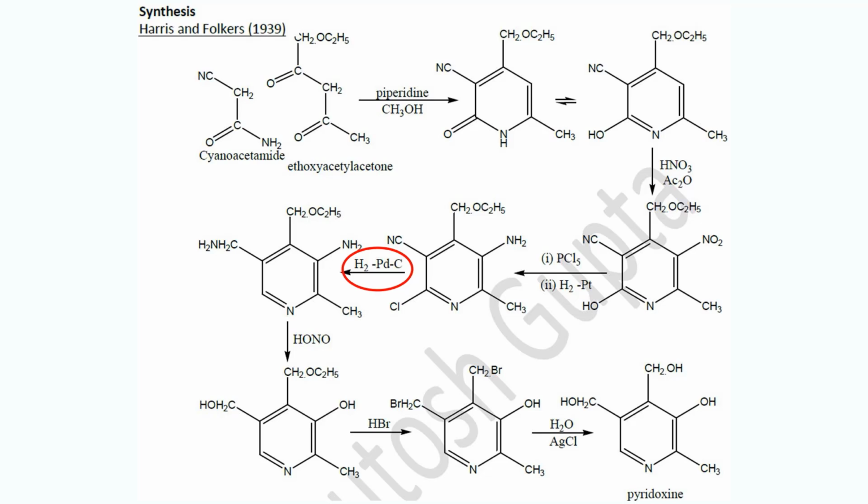In the presence of palladium carbon catalyst, hydrogenation makes cyano get converted to CH2NH2. This is then treated with nitrous acid, HNO2, so NH2 gets converted into alcohol.